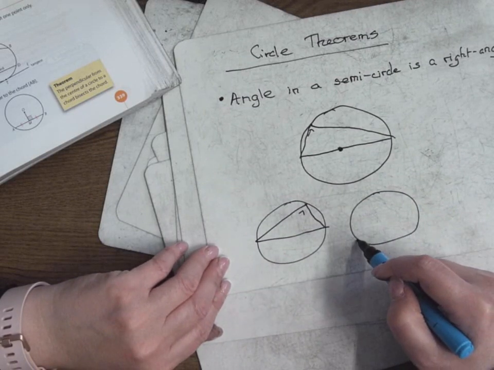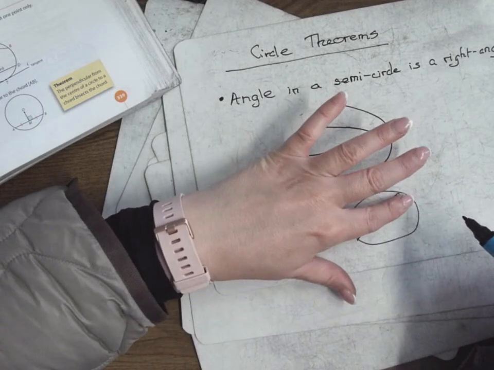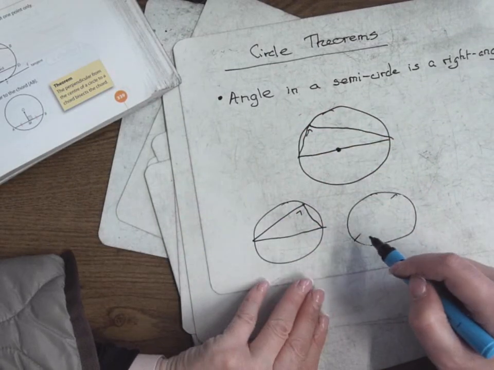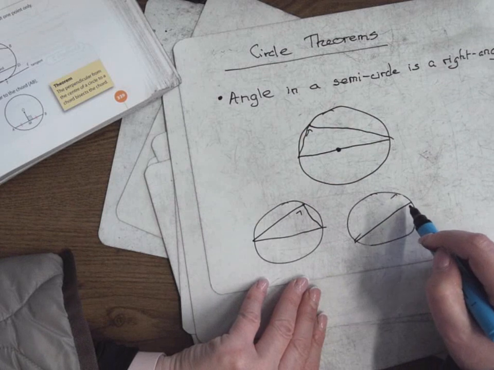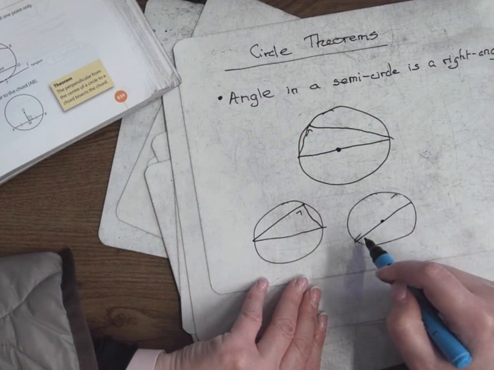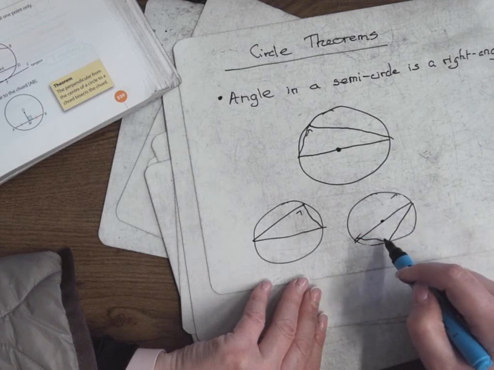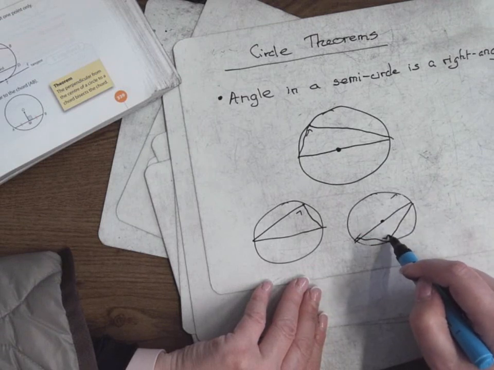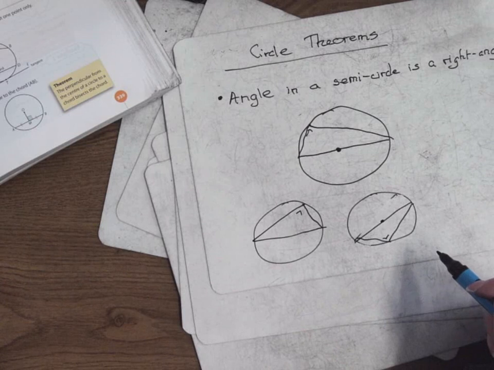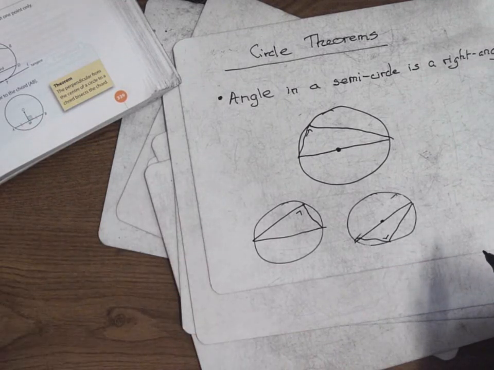This is me just drawing, so sorry, that's not much of a semicircle. A semicircle is split by a diameter, which goes through the centre, and it doesn't matter which direction you go, as long as the angle is sitting on a diameter, it's a right angle. Is that okay? Right, you accept that as a fact. This is true.